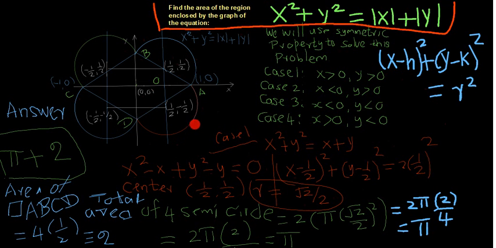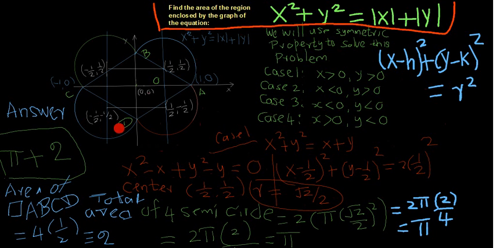So what you have is 4 semicircles, and in the middle you have a square. If you look at this right angle triangle, its base is 1 and its height is 1. To find the area of the 4 semicircles, because they all have the same radius, it's equivalent to 2 complete circles.